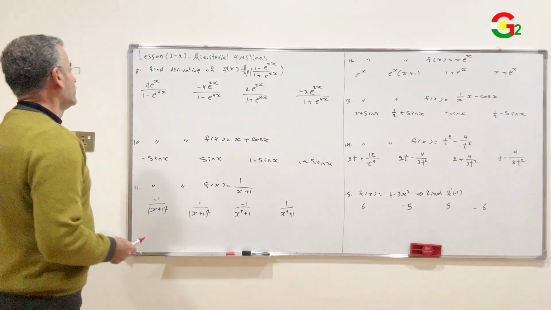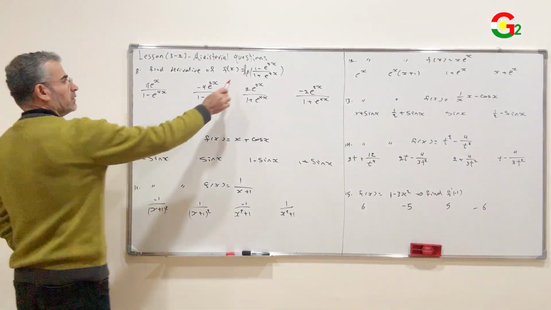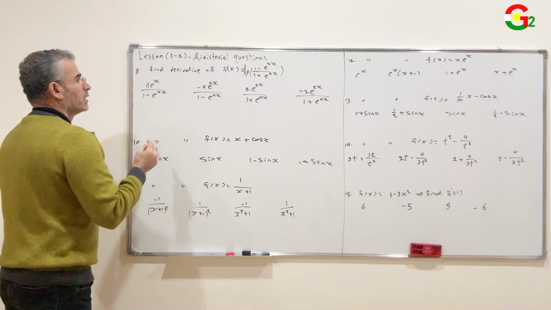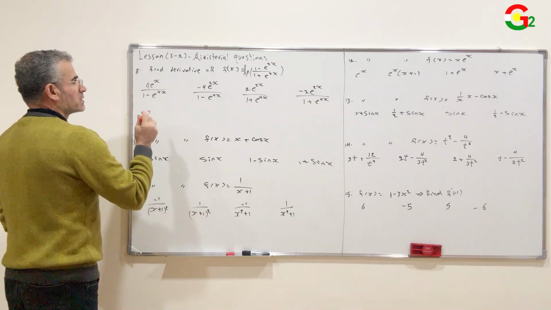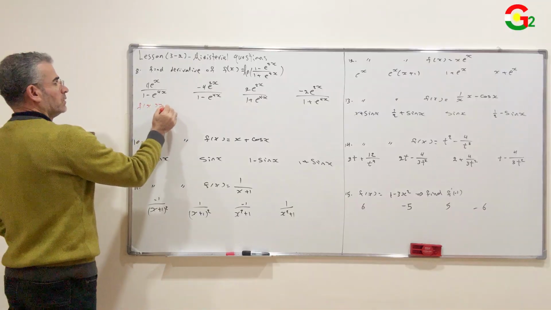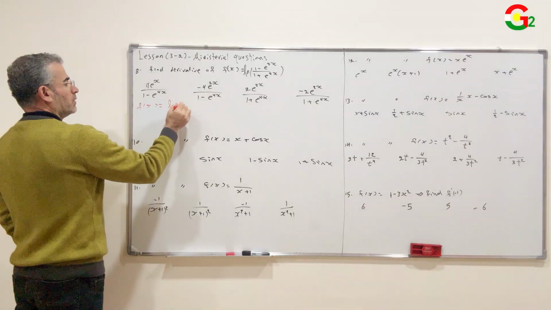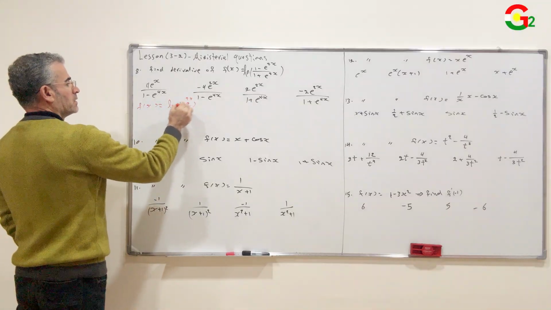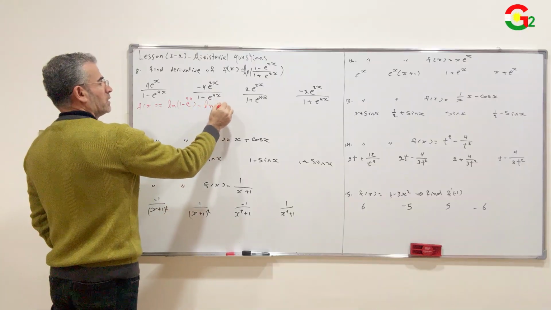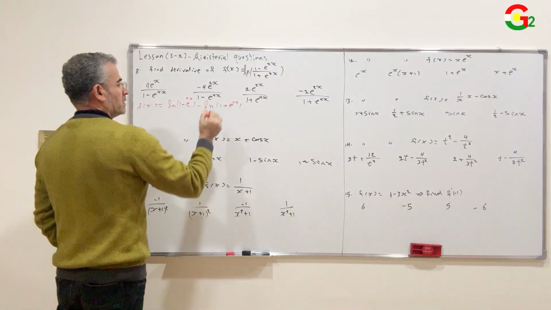Question number 8, find the derivative of ln of (1 minus e to the 2x) over (1 plus e to the 2x). Rewrite this function as f of x equals ln(1 minus e to the 2x) minus ln(1 plus e to the 2x).